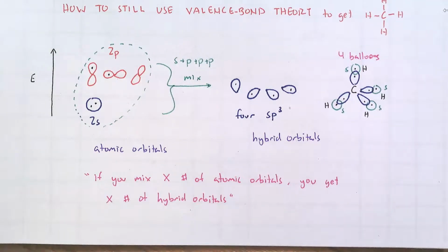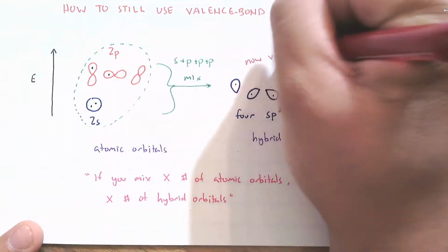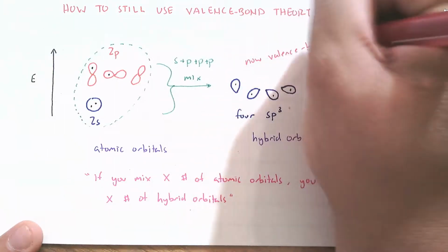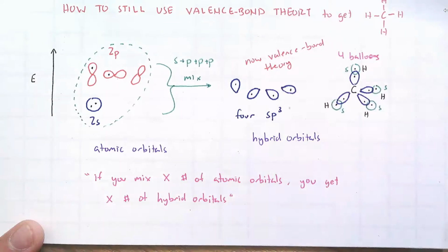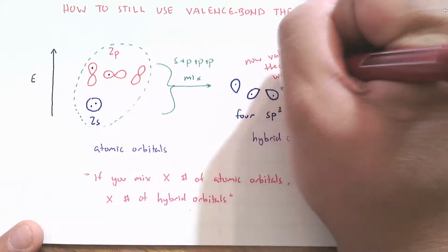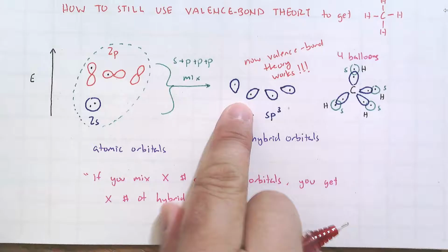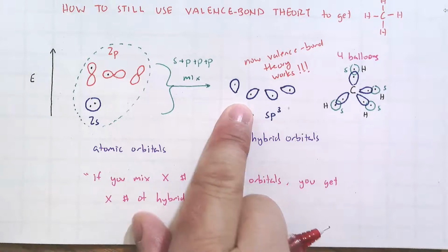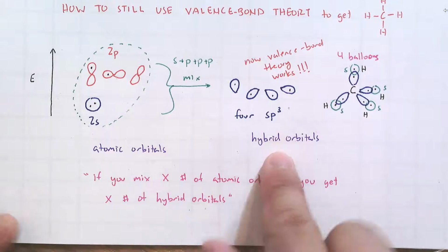That's your hybridization. And now we can use valence bond theory. Now valence bond theory works. We just had to hybridize the atomic orbitals. And what does valence bond theory say? You have singly filled orbitals on the atom. I almost said atomic orbitals, but these are hybrid orbitals.